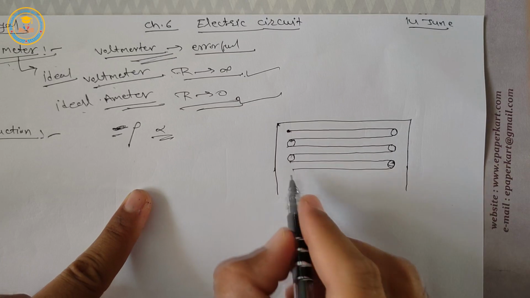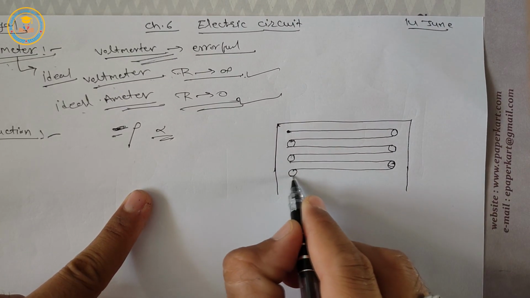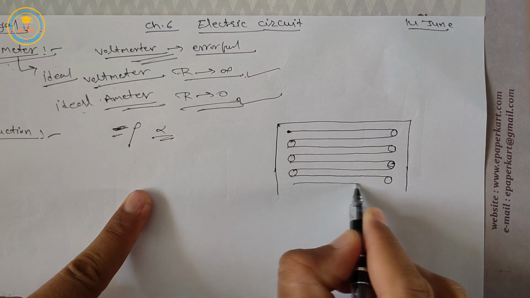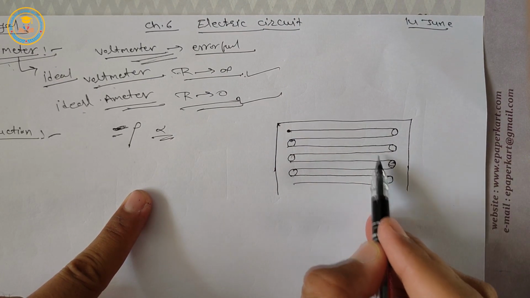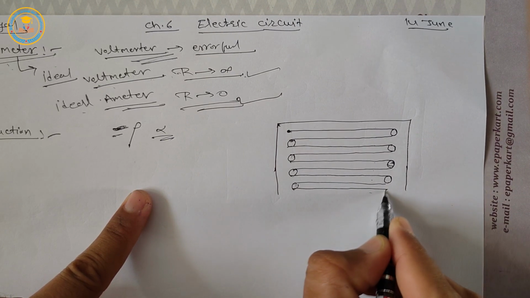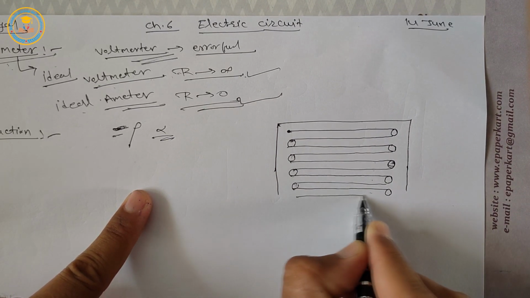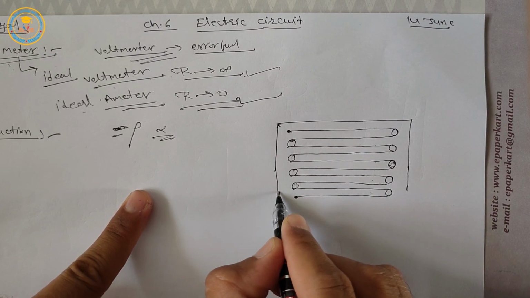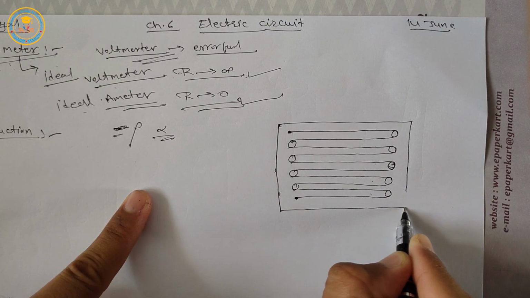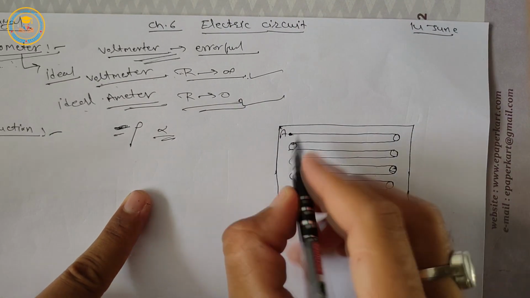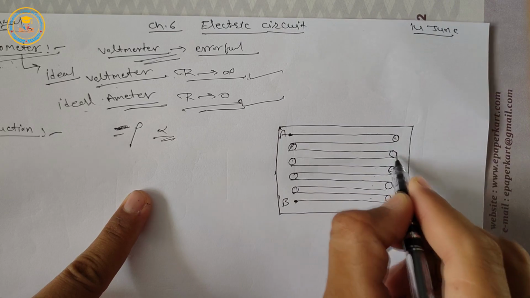Here we take a 10-meter length of wire. This is 10 meter. This is the last end of this wire of the potentiometer, and on this wooden box, this is B and this is A. And these are the screws.